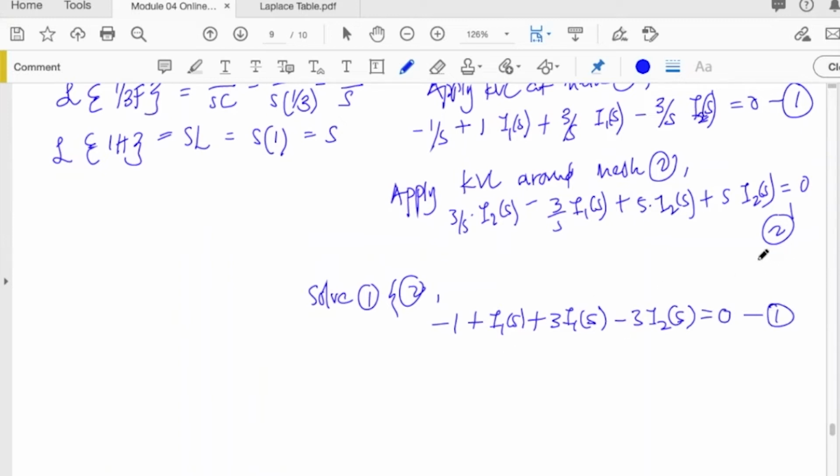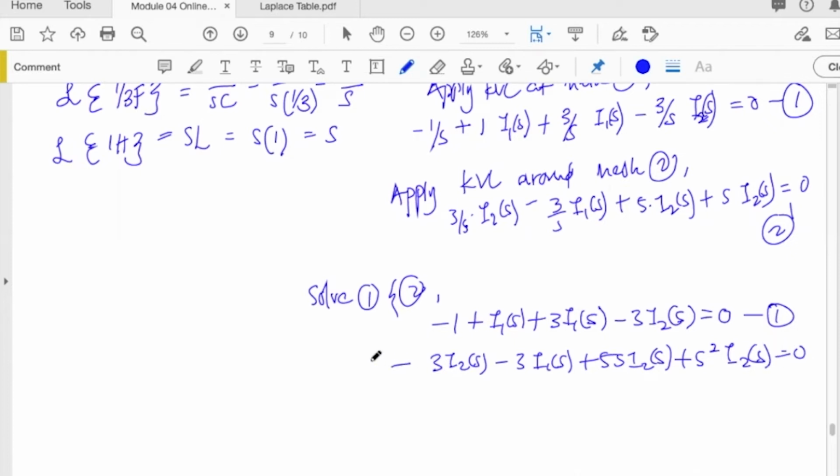For equation 2, you get rid of the denominator s by multiplying the whole equation with s. You will get 3I2(s) minus 3I1(s) plus 5s I2(s) plus s squared I2(s) equal to 0.